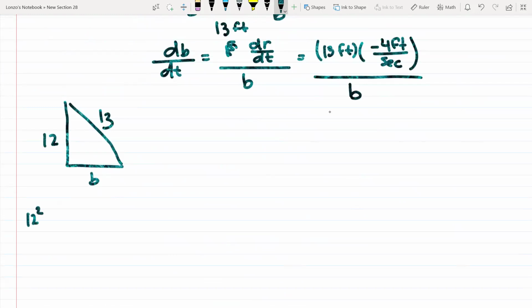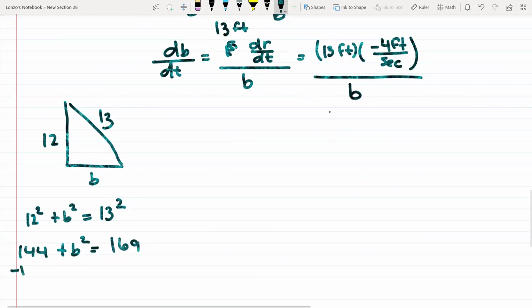So 12 squared plus b squared equals 13 squared. 12 squared is 144 plus b squared, and 13 squared is 169.